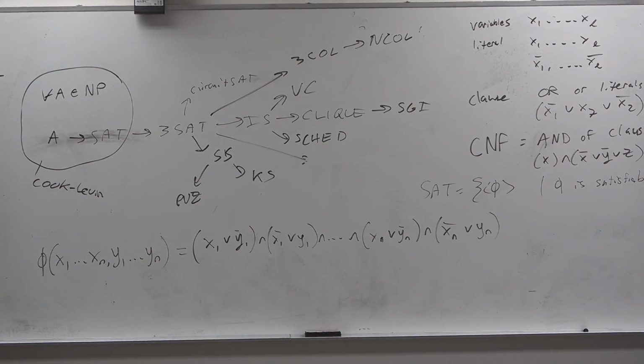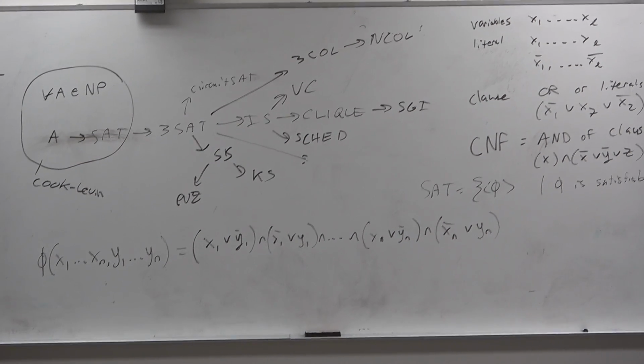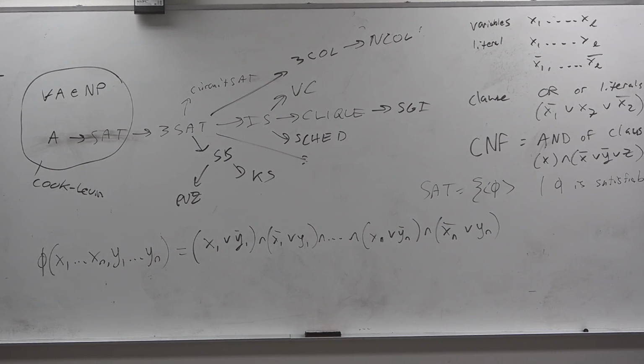This is a good exercise, I think. The point of this exercise is that CNFs are surprisingly powerful. This has a very simple answer about what kind of things satisfy it, but it's a bit surprising.